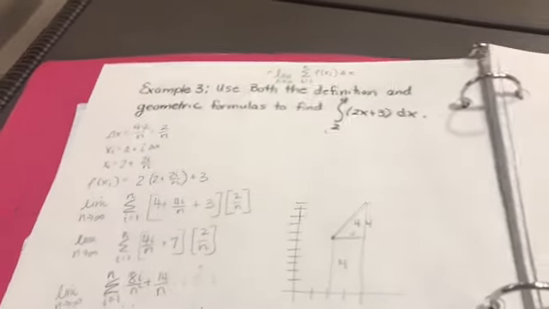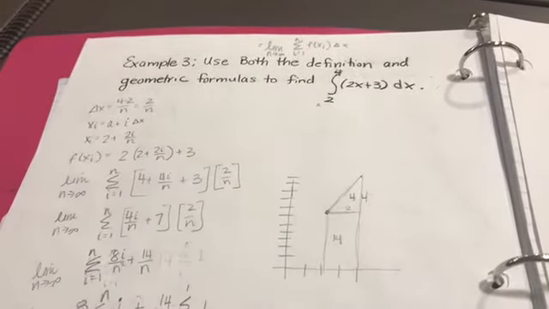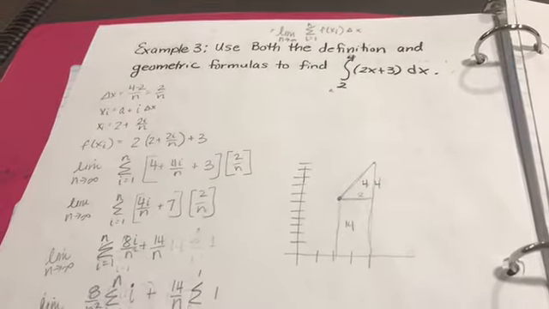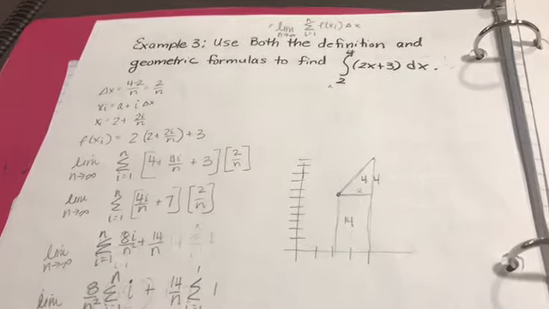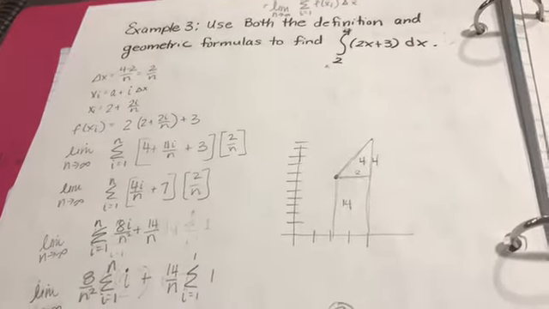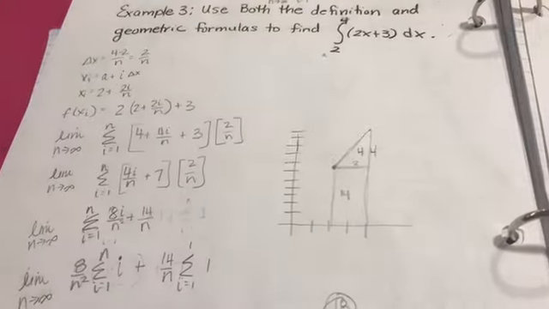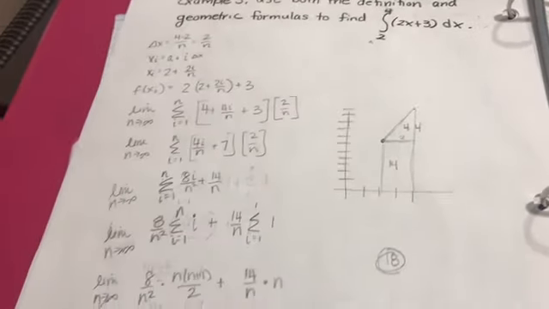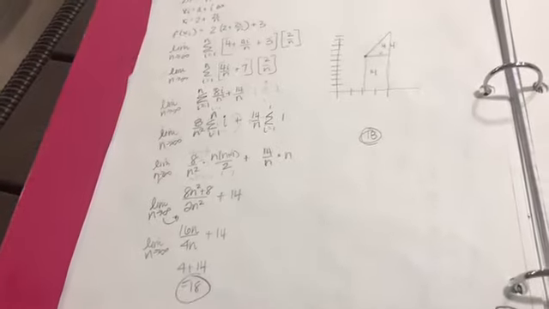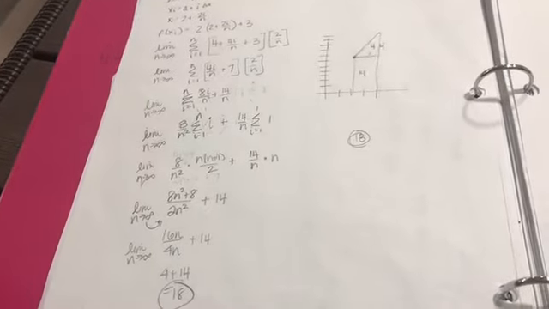Here's example 3. I advise that you try it. Just kind of look at my work and check over this, and you really are going to learn it if you try doing it. It took me a long time to wrap my head around this, so I think it's going to be the same for everyone else. Let me keep scrolling down here so you can hopefully pause and try this problem, but the answer ends up being 18.